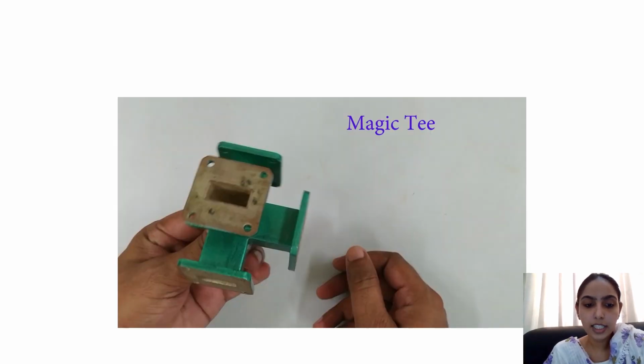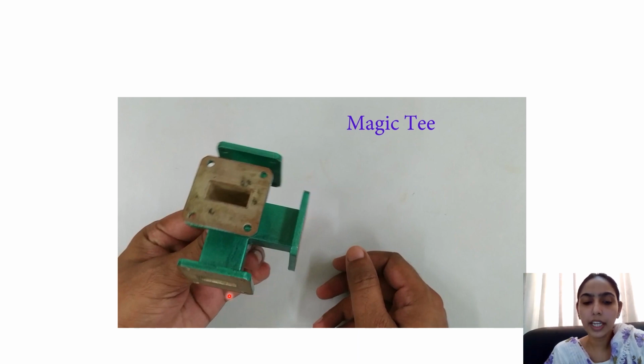Next is the magic T. Magic T is a combination of the E-plane T and the H-plane T. If you have 4 ports, this particular port is going to give the addition of the power values from this first port and this particular port.